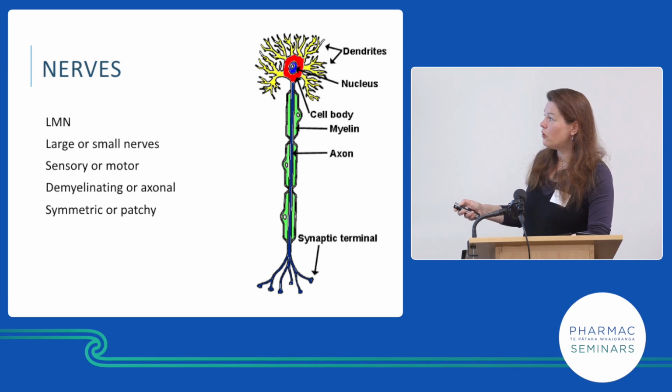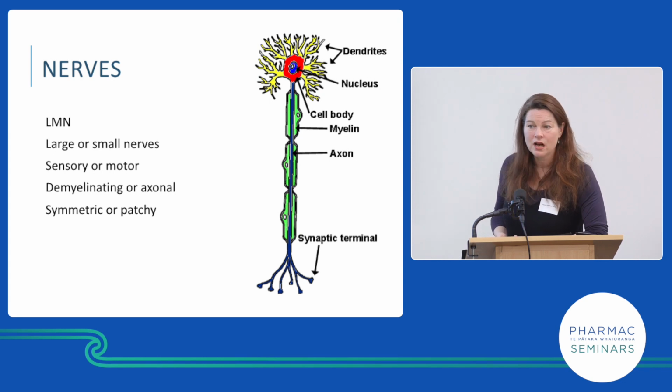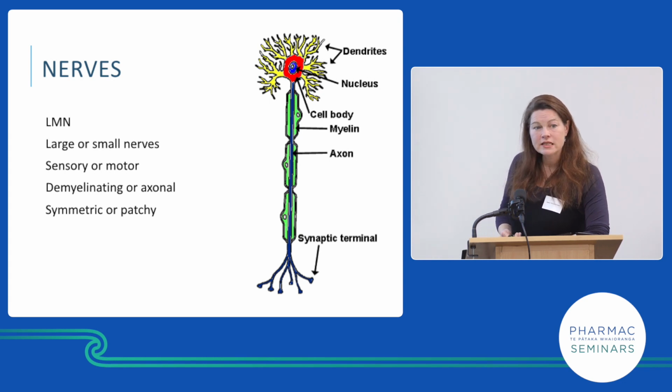So large and small fibers are relevant because toxic neuropathies tend to affect smaller fibers. That's your diabetics and your alcohol, some vitamin deficiencies. Sensory versus motor is relevant because especially some infection and autoimmune conditions tend to gravitate towards one nerve fiber or another.